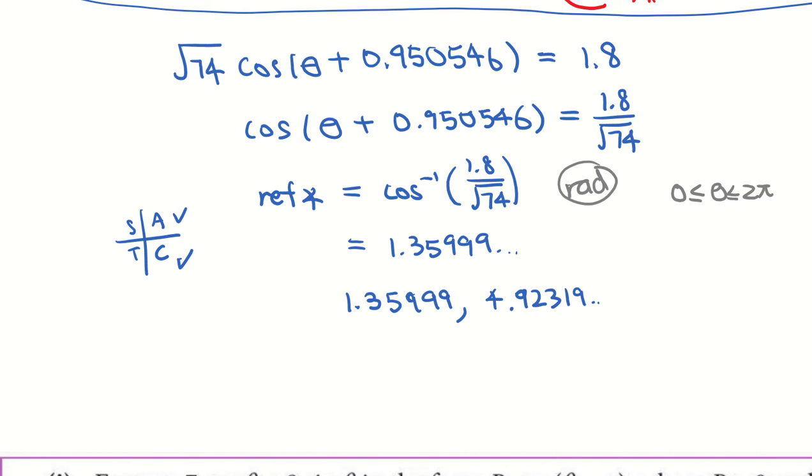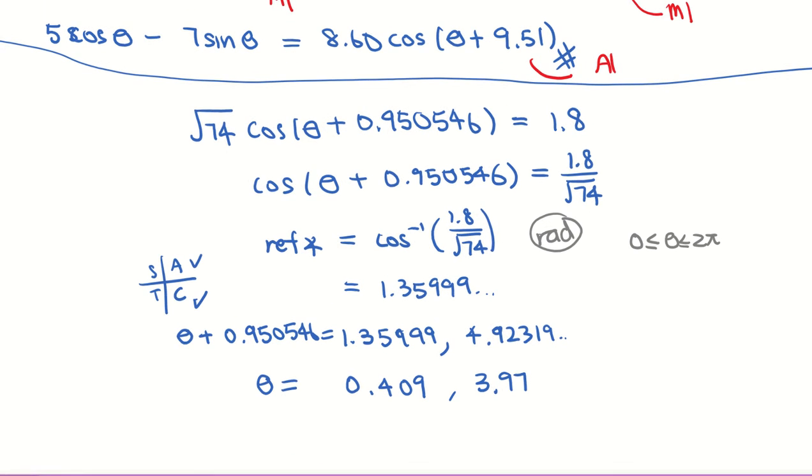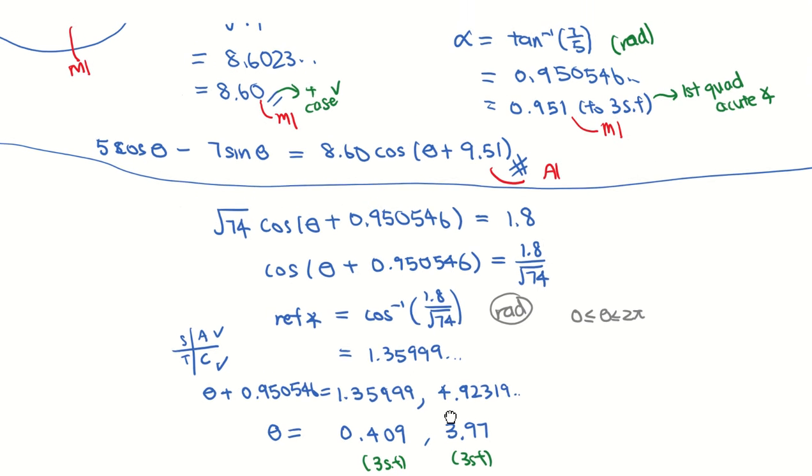Minus. This is not the final answer. This is theta plus 0.950546, and I ask you all to solve for theta. There are two possible answers. Can I double check? You all get it? Yes? Okay, good. Answer in radian, 3 SF. So this is the whole question.